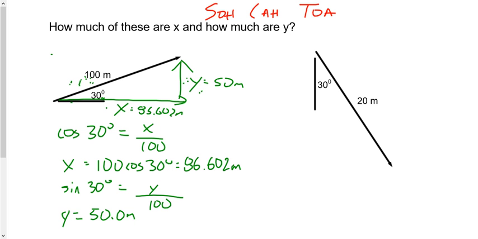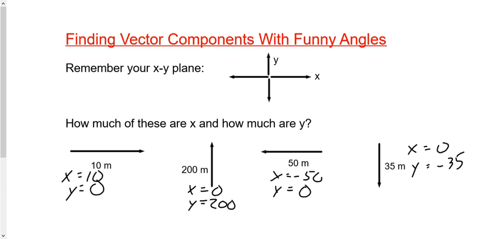As far as I'm concerned now, this vector doesn't even exist, which is good news for me, because I don't like funny angles. So I want to get rid of it. I want to turn that 100 meters into 86 this way and 50 this way. We know how to deal with these. Look, we did right here.